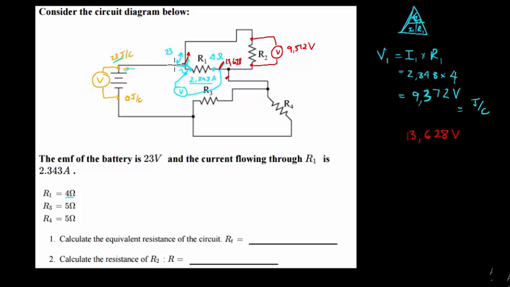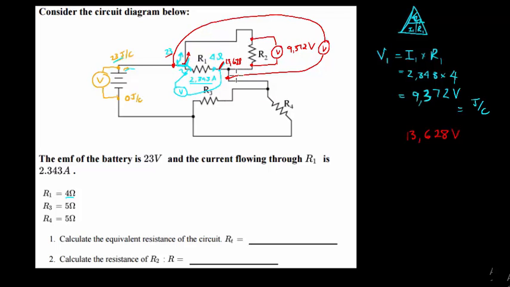Now that means if I were to take the difference in voltage between this point and that point, what do I do when I take the voltage? I take the difference between the energy of each coulomb, and they started with 23.